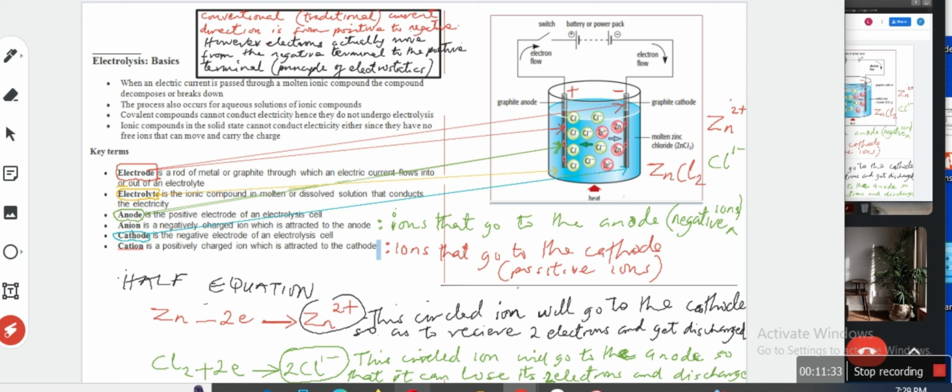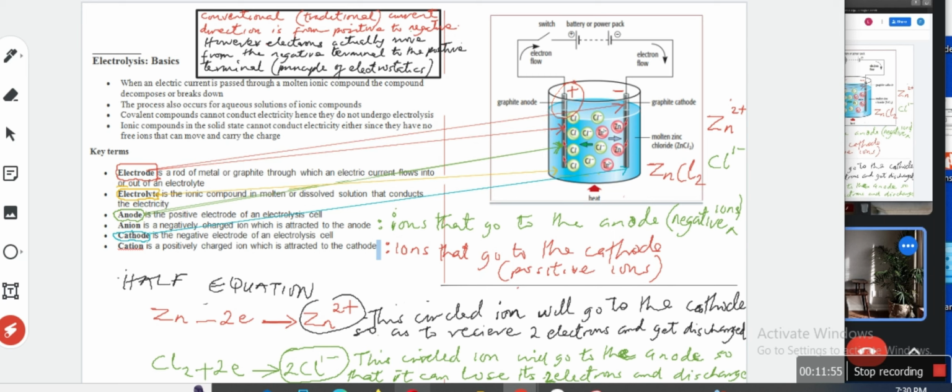Anode is the positive electrode, but then they attract negative ions. Pay attention so that you will get it properly.